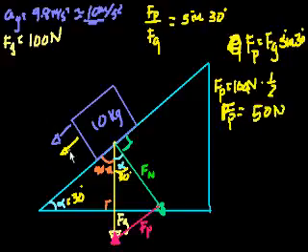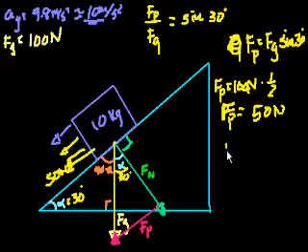So we're almost done. The component of the gravitational vector that's going parallel to the surface of the plane is 50 newtons, right? So if there's a force pulling at 50 newtons on this block in this direction, how fast will it be accelerating in that direction?